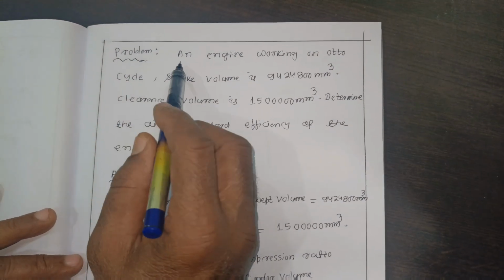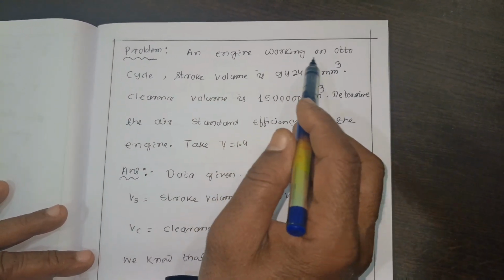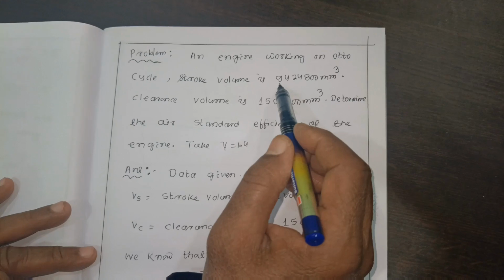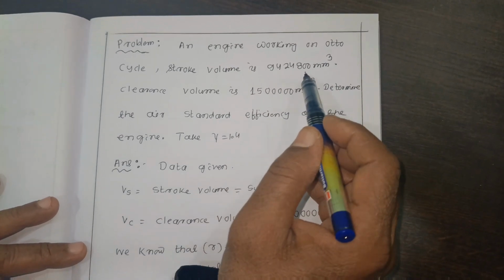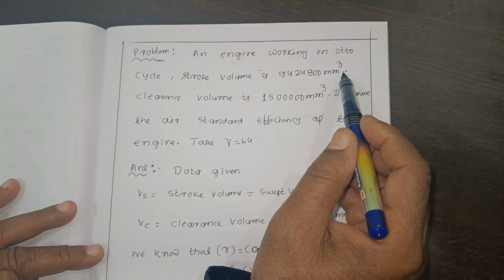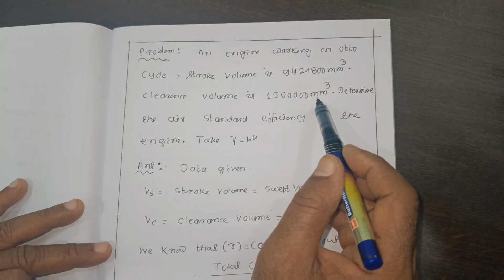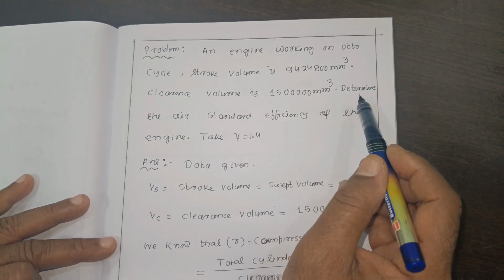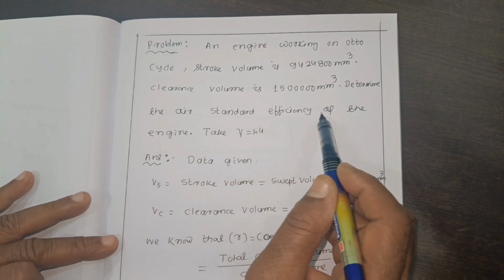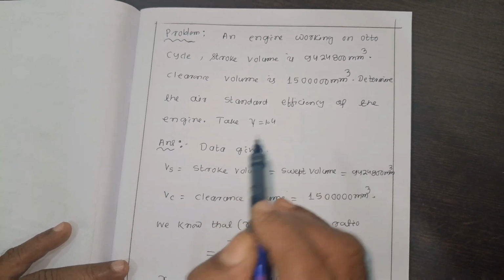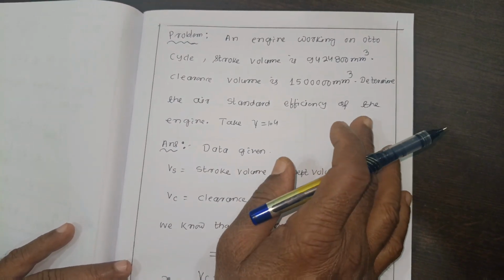Next question is an engine working on Otto cycle. Stroke volume is 9424800 mm3. Clearance volume is 15 lakhs mm3. Determine the air standard efficiency of the engine. Take gamma is equal to 1.4. This is the constant value.